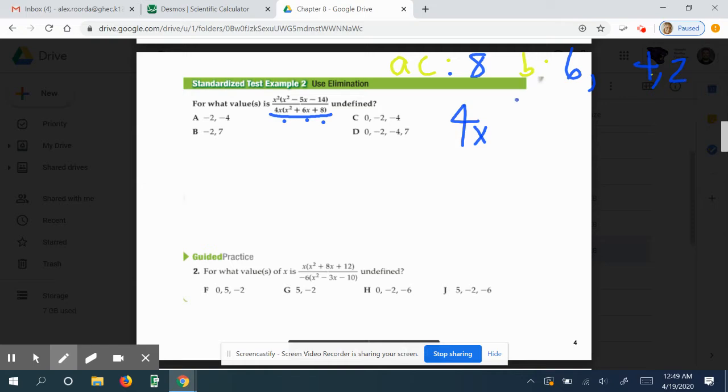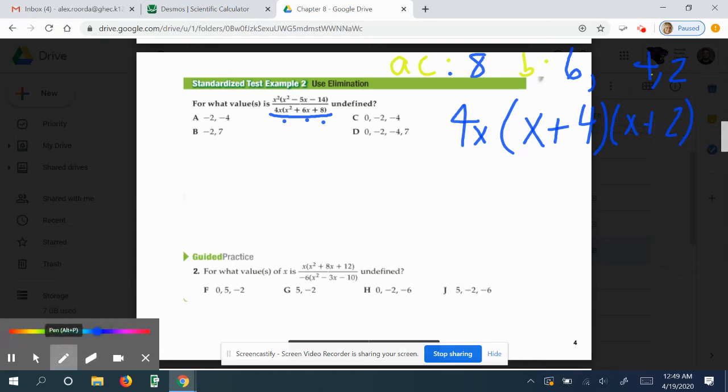So I would write that as x plus 6, oh, excuse me, x plus 4 and x plus 2. So that means I have 1, 2, 3 times that the bottom could be 0. Automatically I can know that x cannot be 0, because that would make the bottom 0 and it would be undefined.